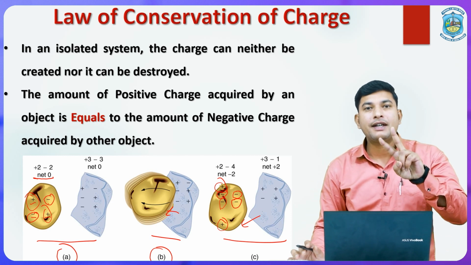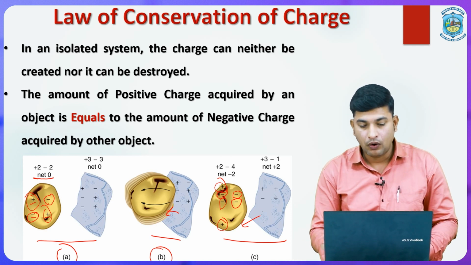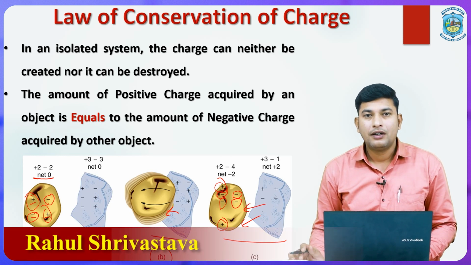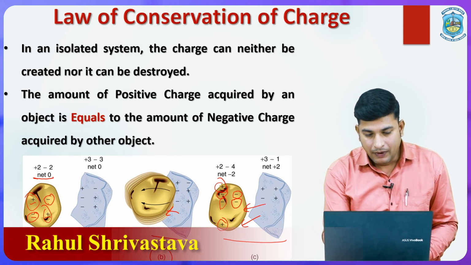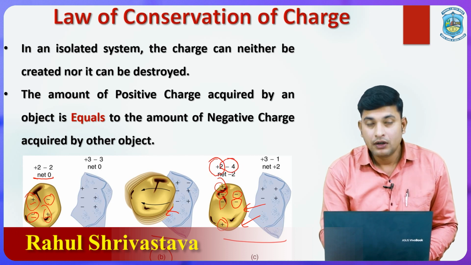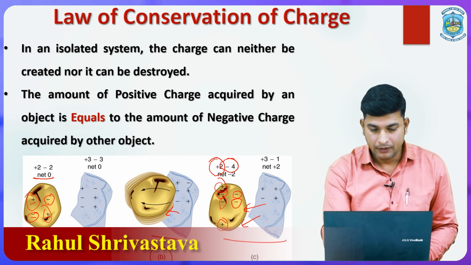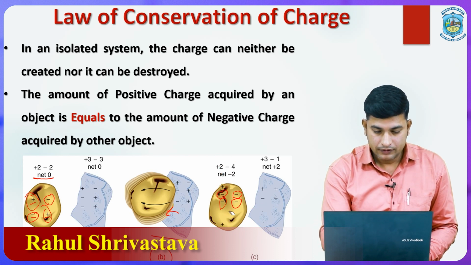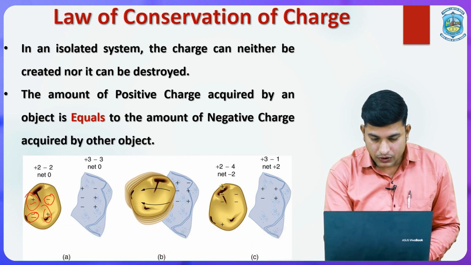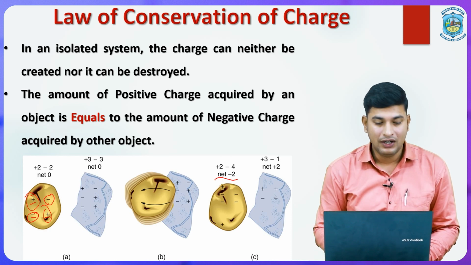Means additional 2 electrons have been transferred from this cloth to the object. So we have 2 positive protons and 4 negative electrons, and because of this the net charge here is -2.